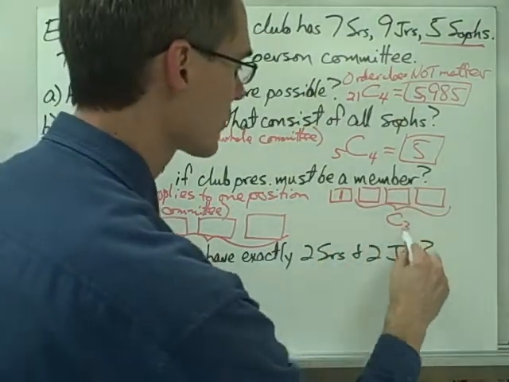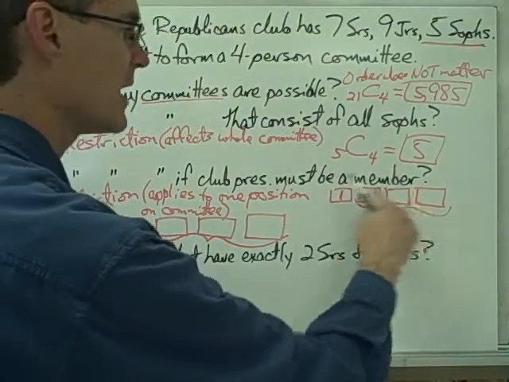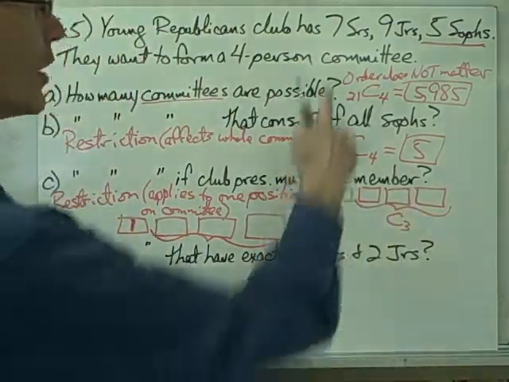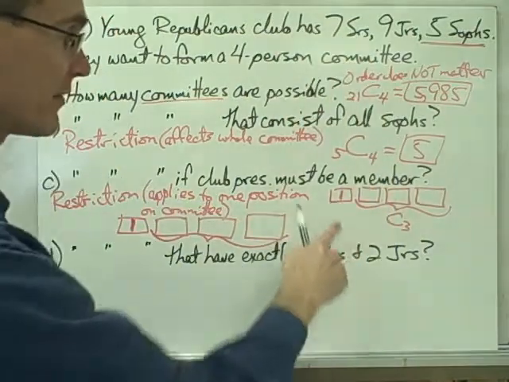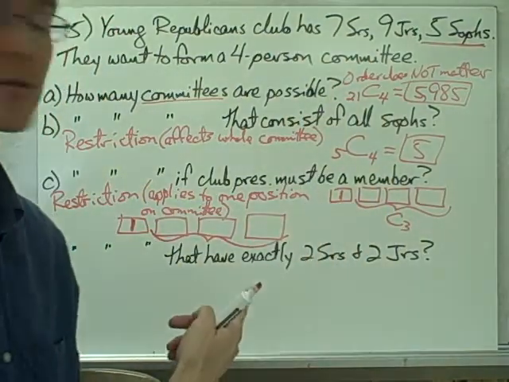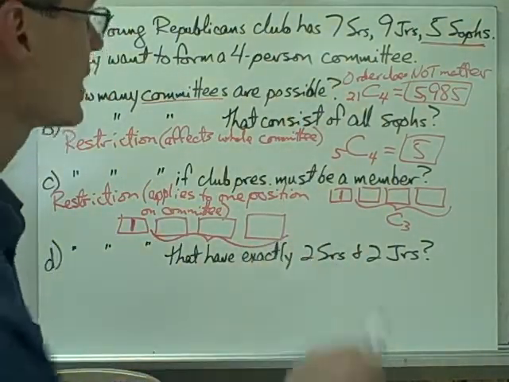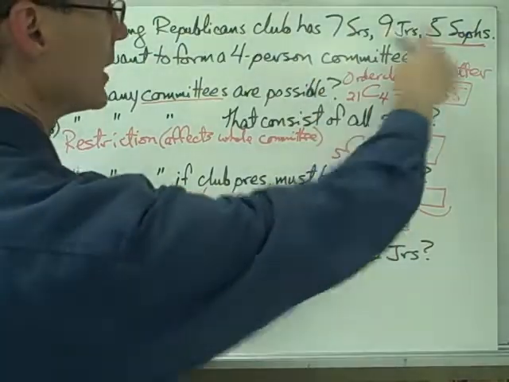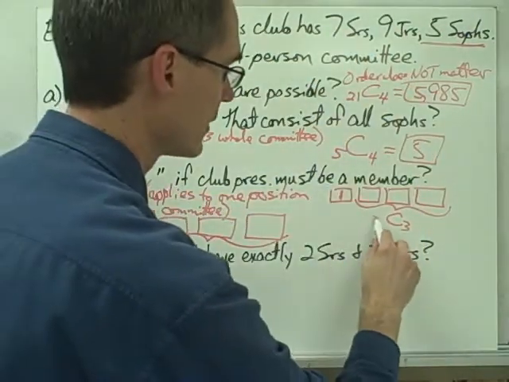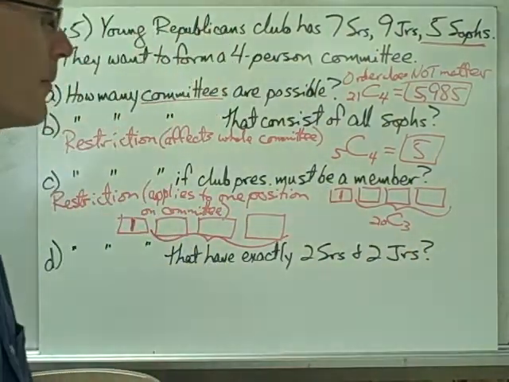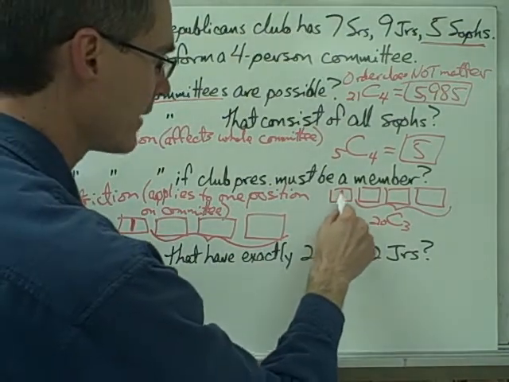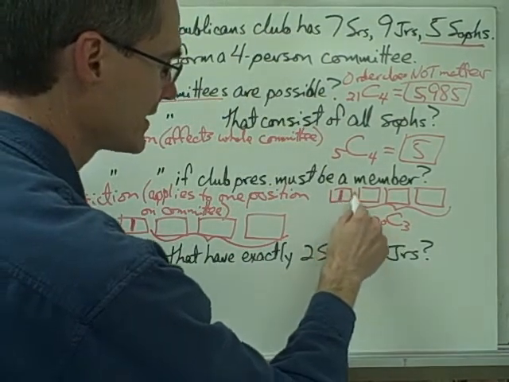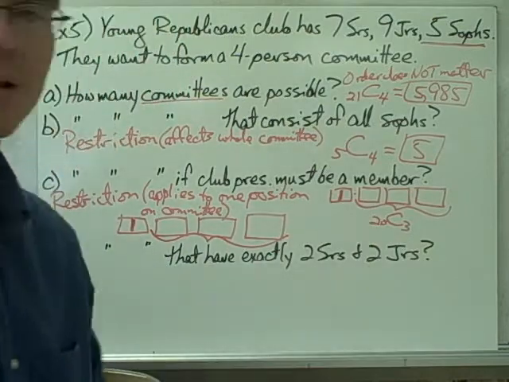I'm going to select 3 at a time, and how many club members am I selecting from? Well, my whole club except for the president, because I know the president's already been accounted for. So instead of the 21 people in the club to choose from, I've got 20. Then I'm going to multiply 1 times this number to get my final answer.